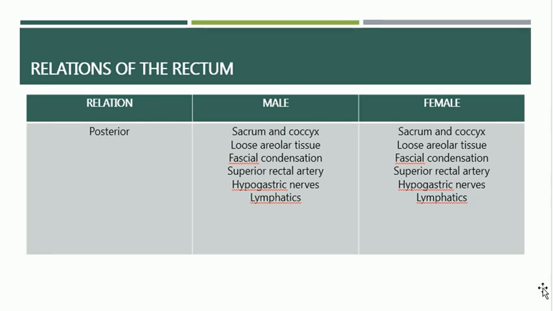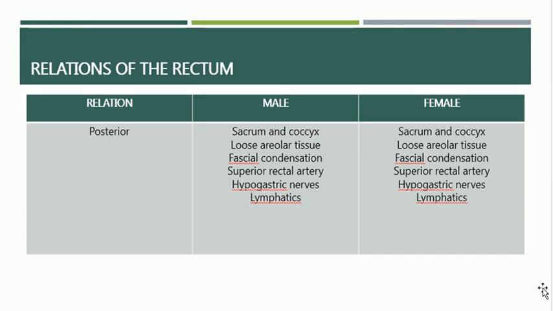These are very important when we do dissection of the rectum, in procedures like anterior resection and abdominoperineal resection. They are very important when we are dissecting in the hollow of the sacrum, because injury to these hypogastric nerves can lead to some complications. Posteriorly there are also lymphatics.